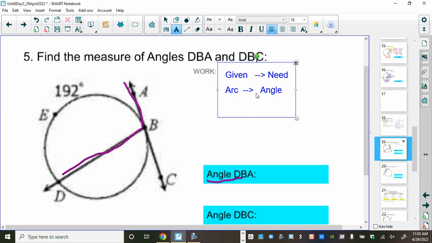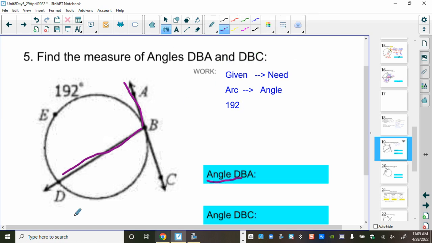Well, what do we do with the arc? Given 192 degrees for the arc, then there's only one other arc, right? Okay, well, what you thinking? All right, where are you going with this? 360 minus 192 to get the other side. Okay, you can do that. I'm good with that.